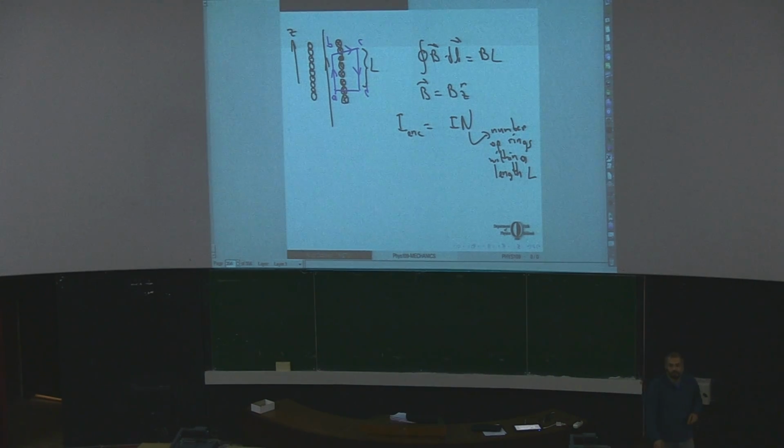Is it positive or negative? How do we determine the direction, the sign of the current enclosed by a loop? Take your right hand, rotate your fingers in the direction of your loop.